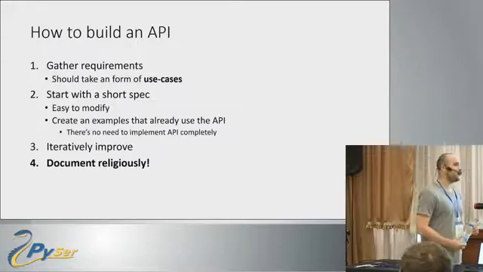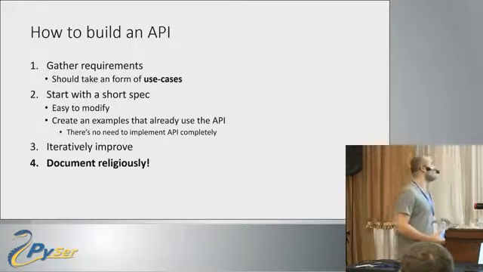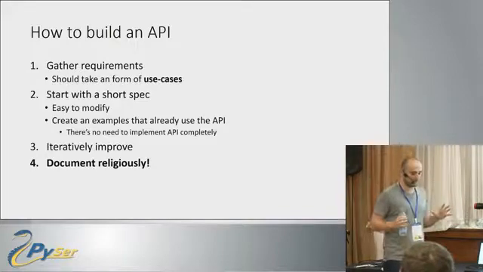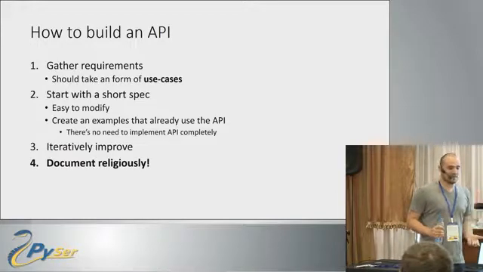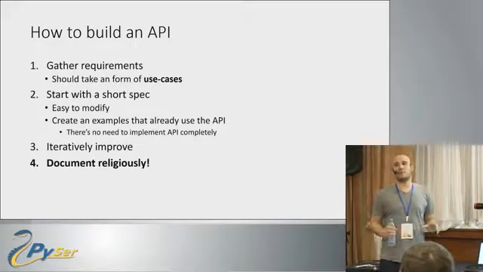In the ideal case, when building an API, you start with a short spec. A large spec is good, but sometimes it turns out to be a waste of time because things change rapidly in software development today. If you have a large spec, you have lost most of the time discussing it, but you did nothing to implement the API. If you have a short spec, it's easy to modify, and you can immediately start creating small examples.